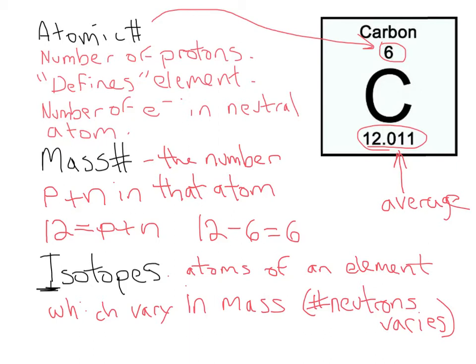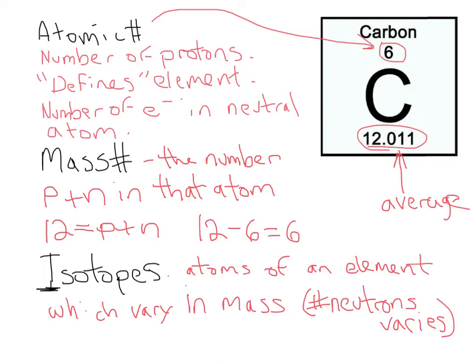A good guess for an element like that is that if it's just slightly more or slightly less than a whole number, then the majority of it is that whole number, so probably the mass number of the most common isotope. Now, if it was like 12.5, you would have to assume that it's like a 50-50 mix of something. But 12.01 to me would indicate that the majority of the isotopes are 12 grams per mole, and a very small minority is 13 grams per mole.